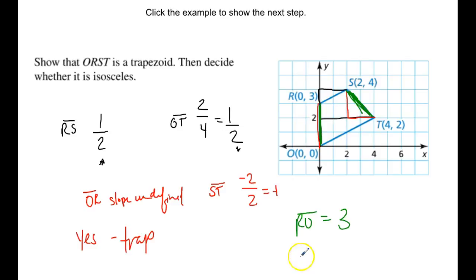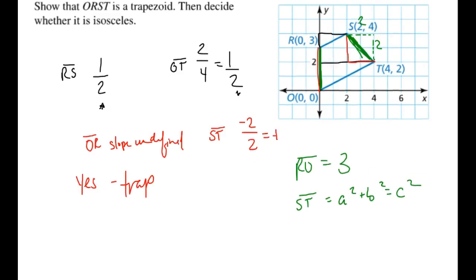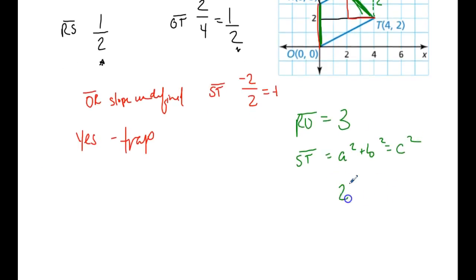For the length of ST, I have to use either my distance formula, or I can turn this into a triangle with side lengths 2 and 2, and I know that a squared plus b squared equals c squared. So I can substitute my a is 2 and my b is 2. I end up with 4 plus 4 equals c squared.